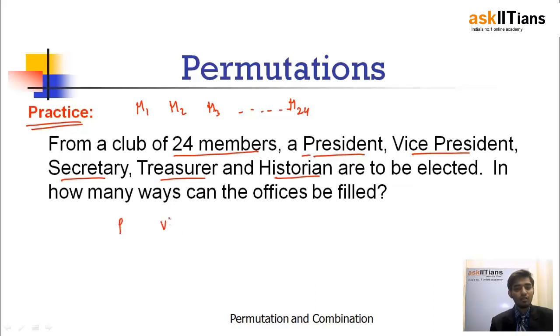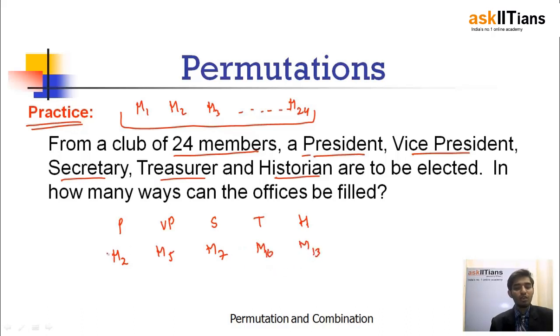One president, one vice president, one secretary, one treasurer, and one historian. So what I will do is I will select any 5 persons out of these 24 members, and then I will arrange them. Okay, suppose I select M2, M5, M7, M10, and M13.